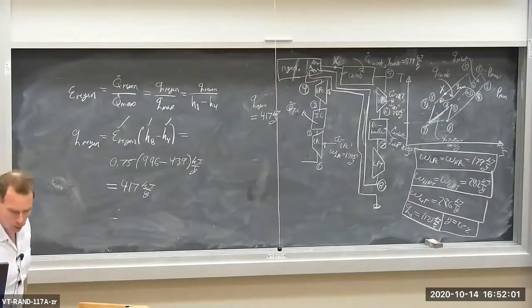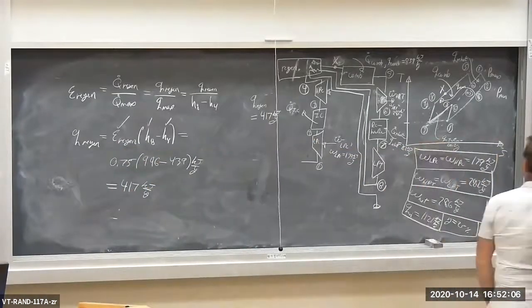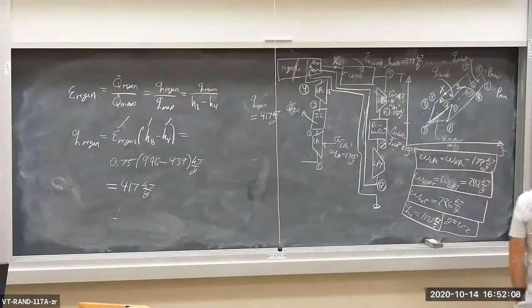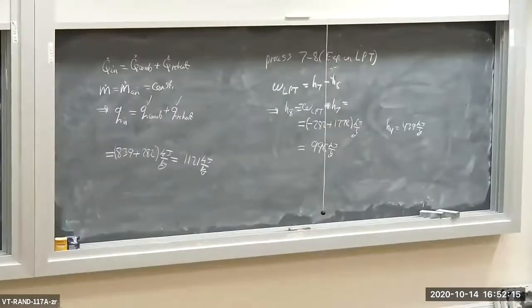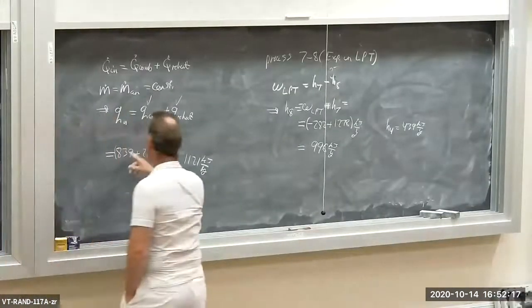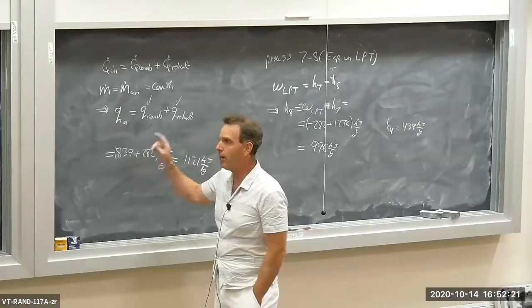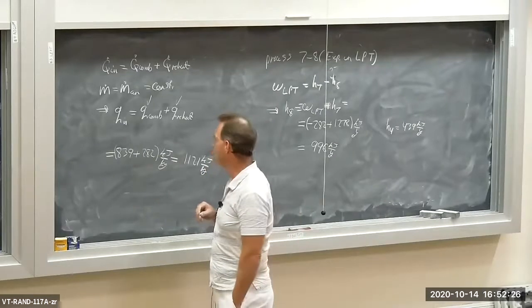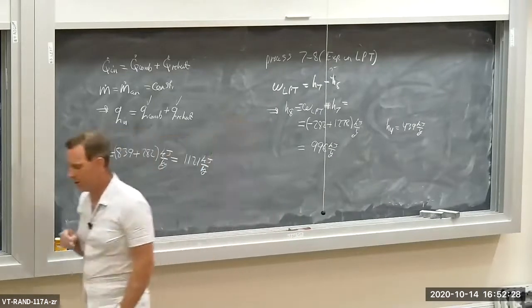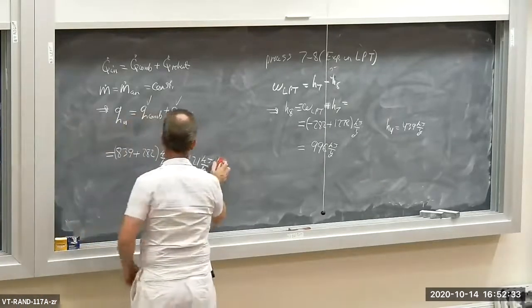Now, what's the total heat transfer for this system once I have the regenerator? Well, instead of adding the full 839 kilojoules in the combustor, I only have to add 839 minus 417. Okay, so let me write the revised expression here.